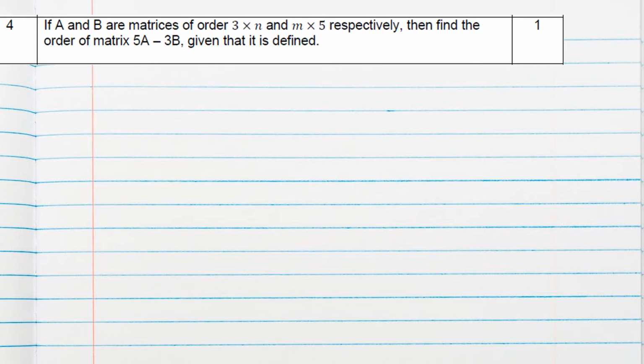A and B are matrices of order 3 by n and m by 5 respectively. Find the order of matrices 5A minus 3B given that it is defined. Since 5A minus 3B is defined, so for subtraction A and B should have the same order.